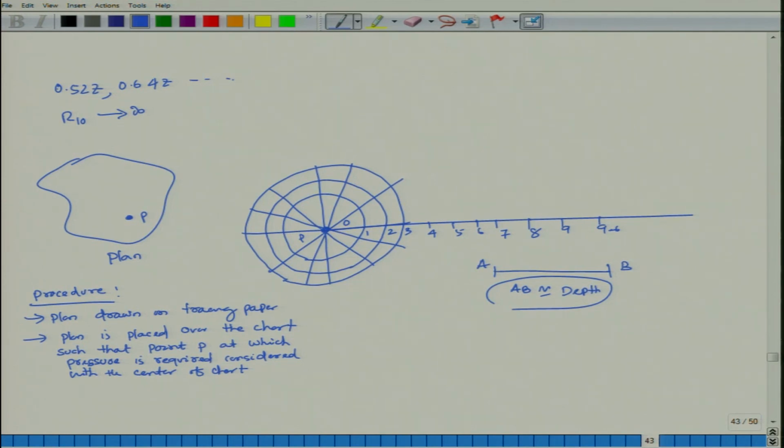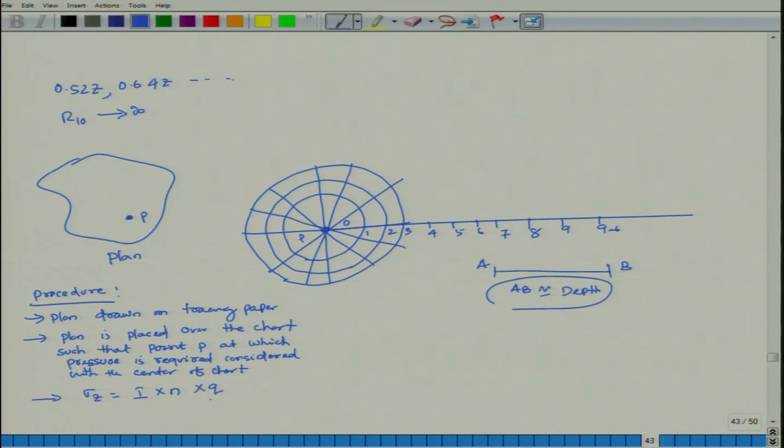Then count how many circles the plan area is covering. From there you can find sigma Z is equal to I into N into q, because the pressure intensity at every point you can know.